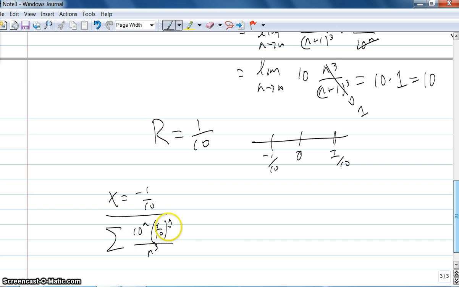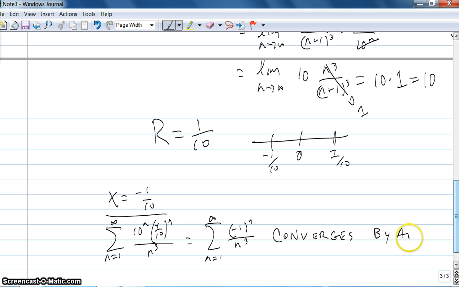The 10 to the n's cancel, and I end up with negative 1 to the n over n cubed. Okay, and this converges. It's an alternating series. It's a p series. P series in general converge if the p is greater than 1. So it converges by the alternating series test, if you like.